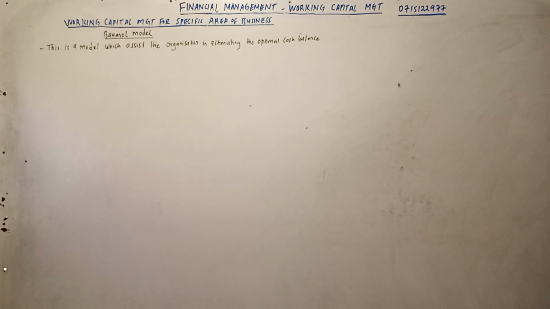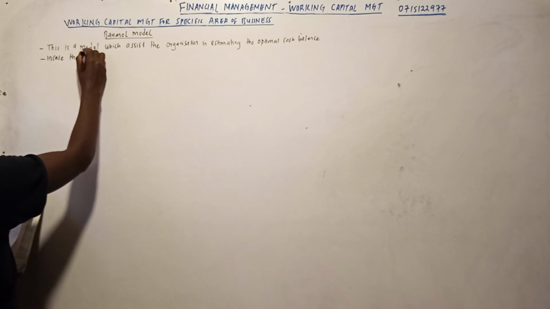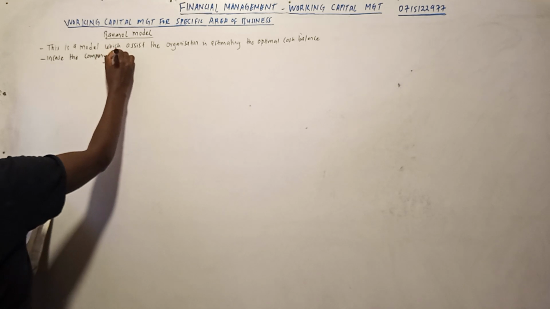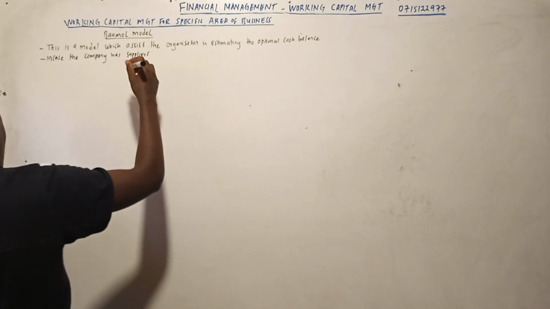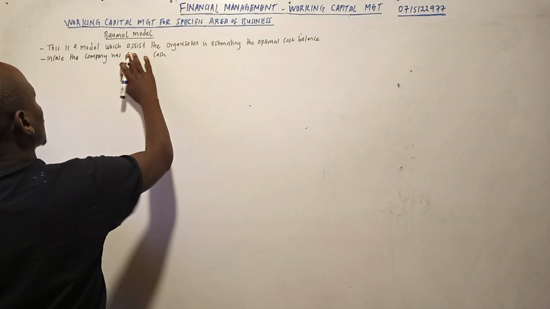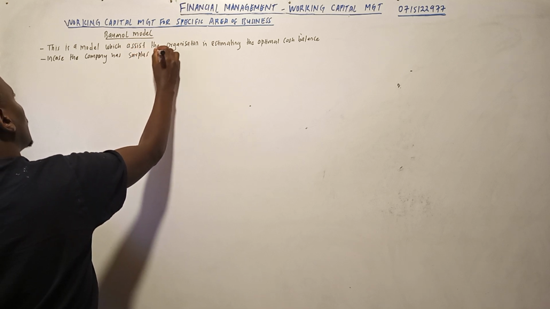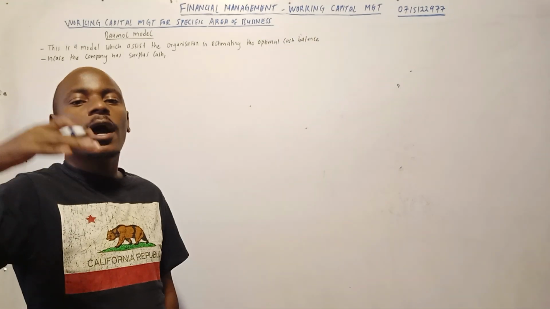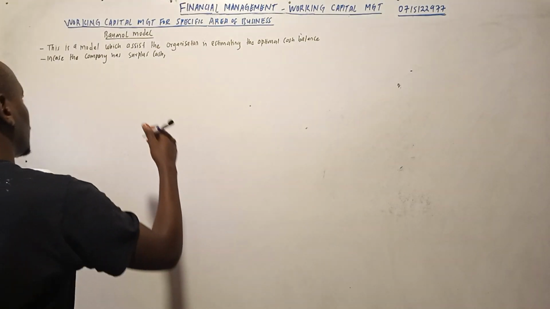Now, in case the company or the organization has surplus cash, meaning they have a lot of money in the organization, and they want to maintain the optimal cash balance, what they do is purchase securities.